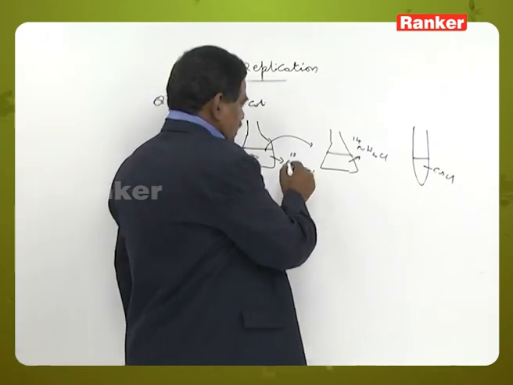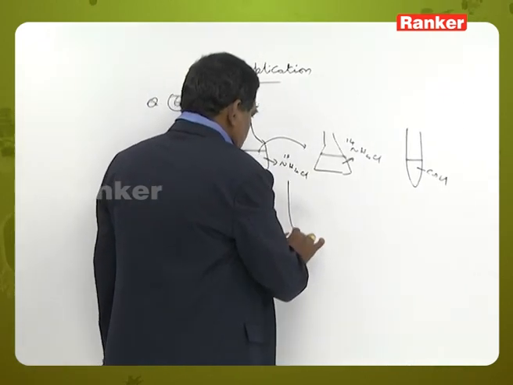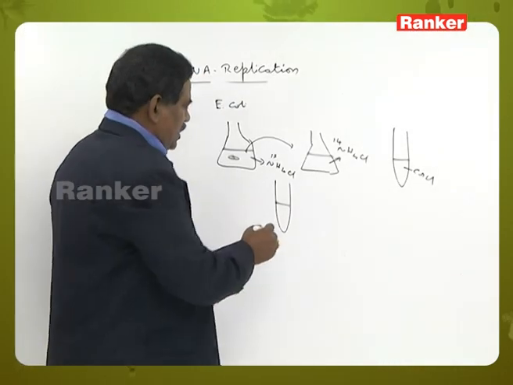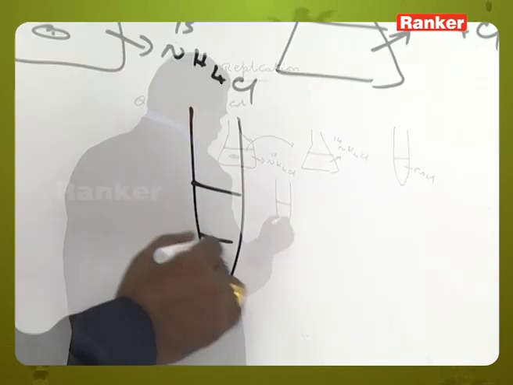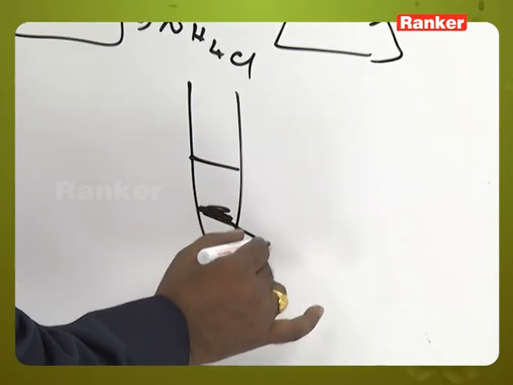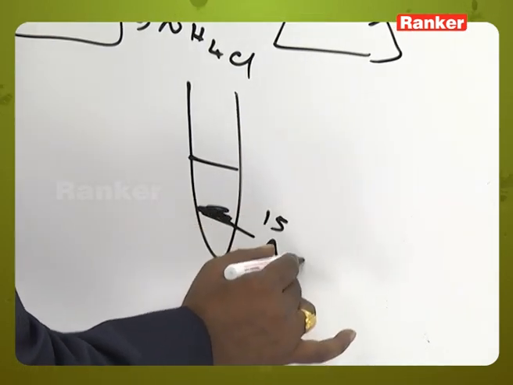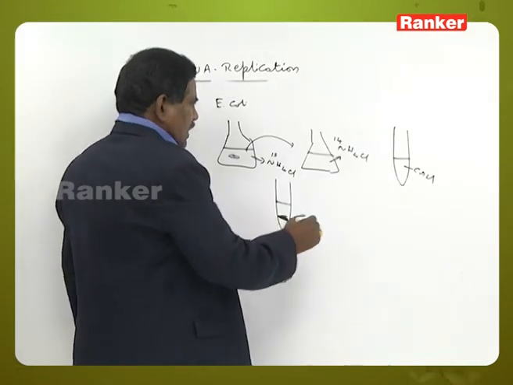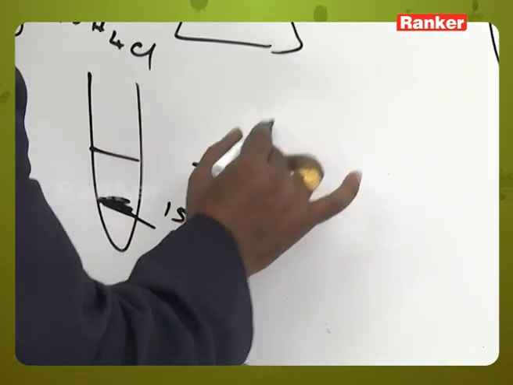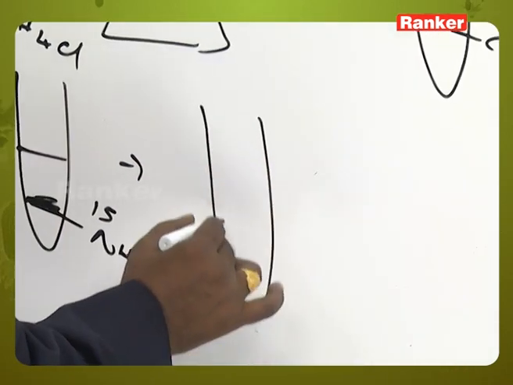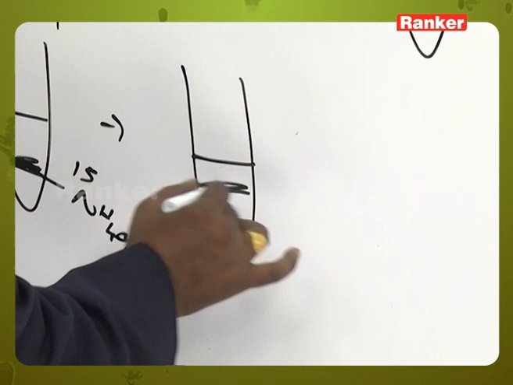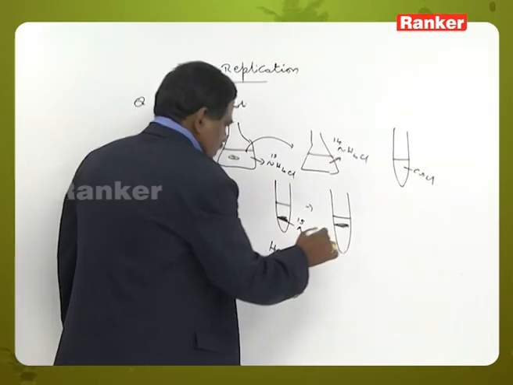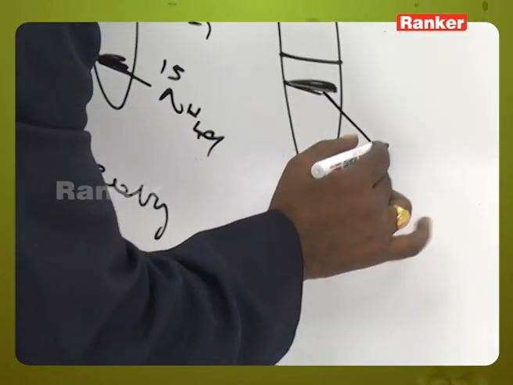So first, when it was taken in NH4Cl, N15 containing ammonium chloride, all are heavy. And then when shifted to this one, it is a heavy, and this is the hybrid.